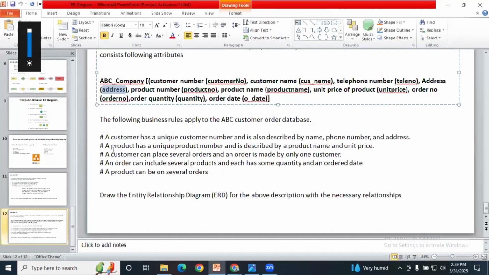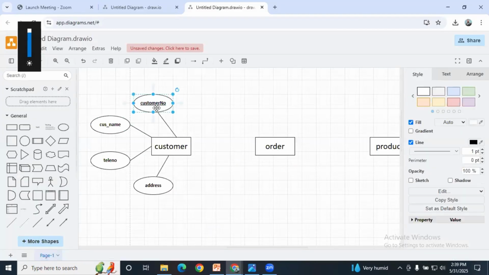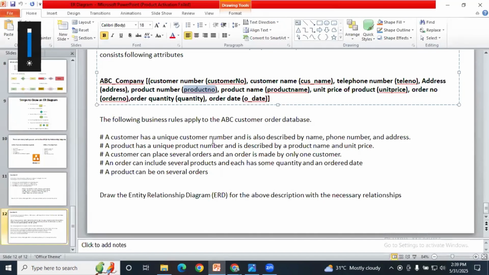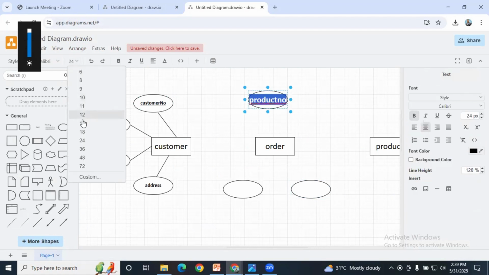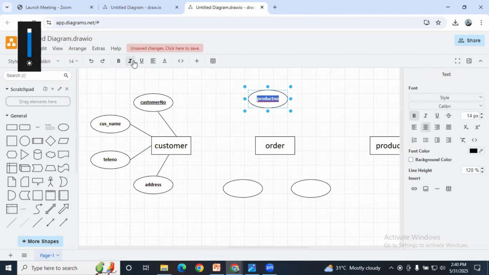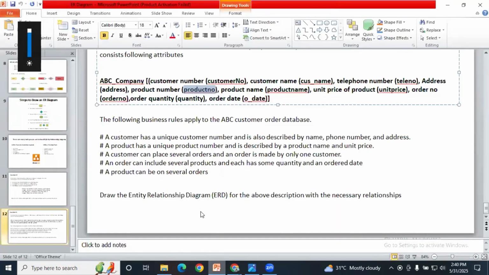In the next step, they are saying product has a unique product number. This is described by the product name and unit price. So product number is unique. First one, second, and third. They are saying product number is unique, so this is the primary key.